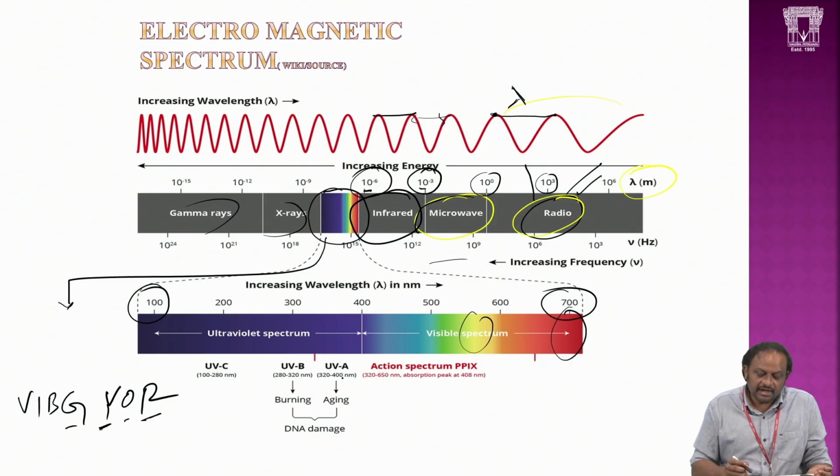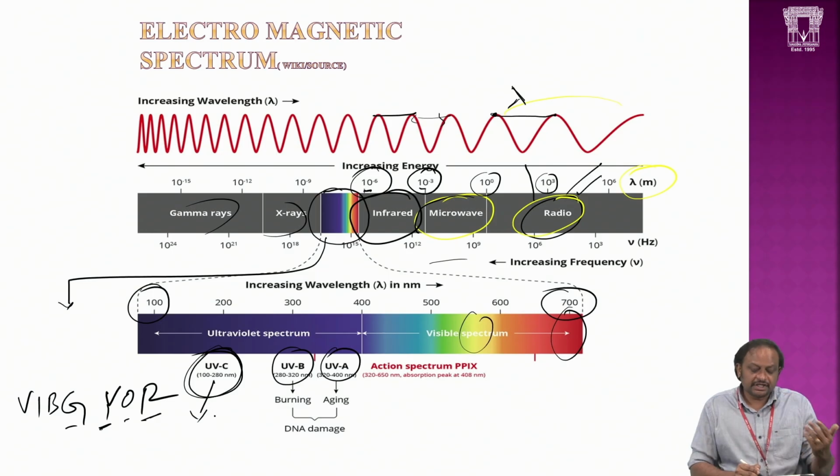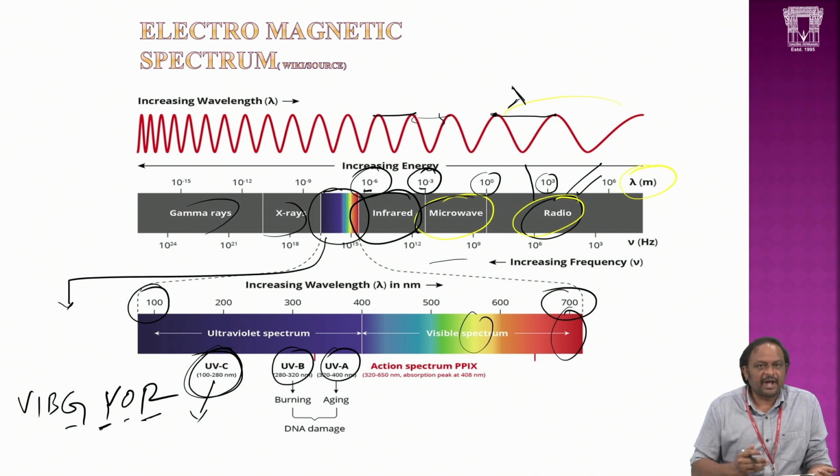That is one. And again, if you see the spectrum, it is further classified into ultraviolet A, ultraviolet B and ultraviolet C. Usually ultraviolet C is used for medical applications, for example for killing bacteria. Similarly, in our general water purifiers at home, there is a UV filter.